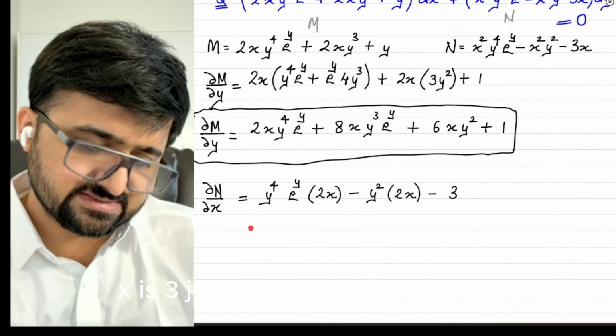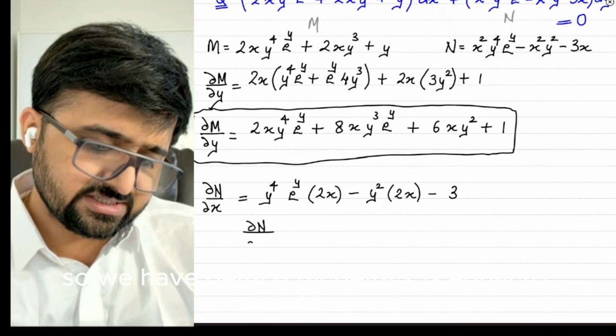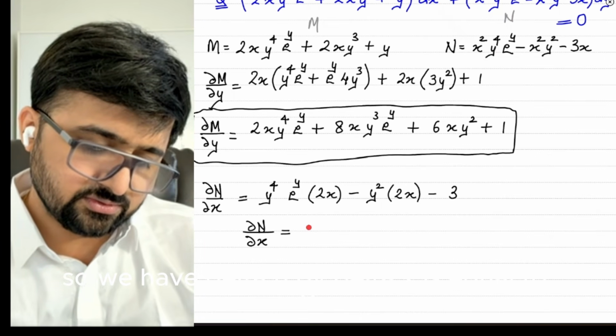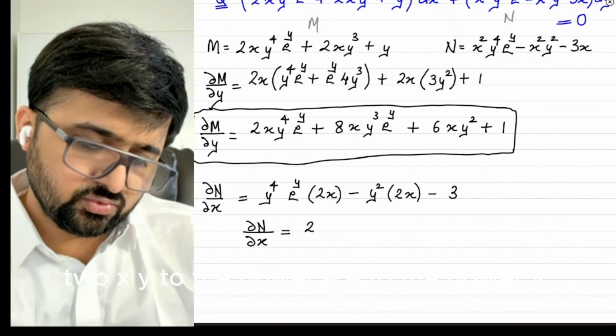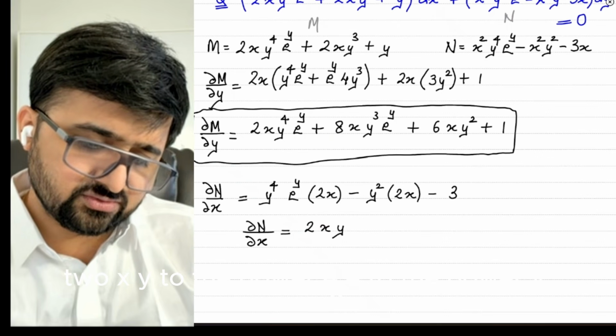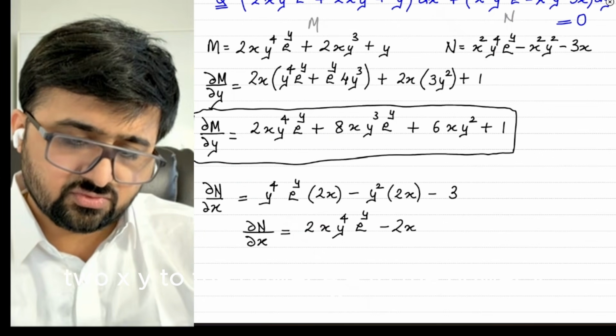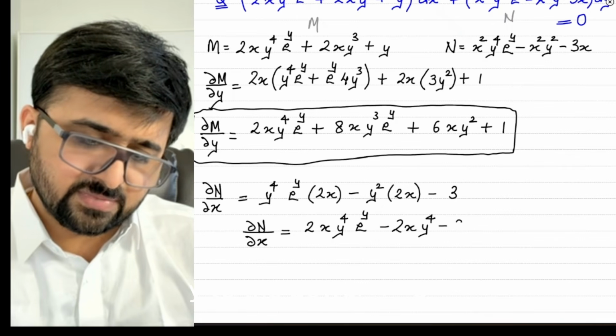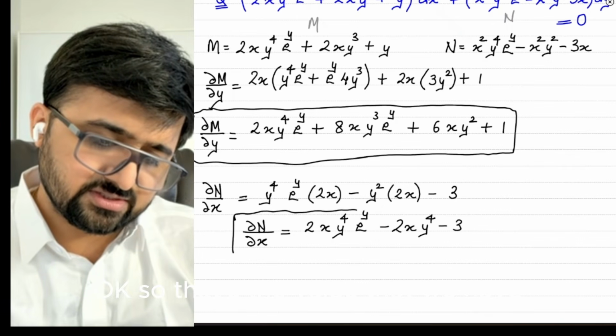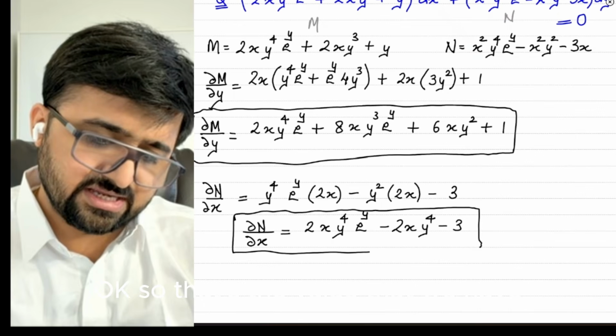Simplifying, ∂N/∂x is equal to 2x y^4 e^y minus 2x y^2 minus 3. So that's the value that we have.